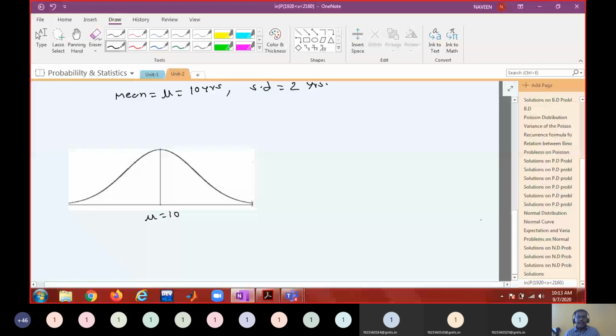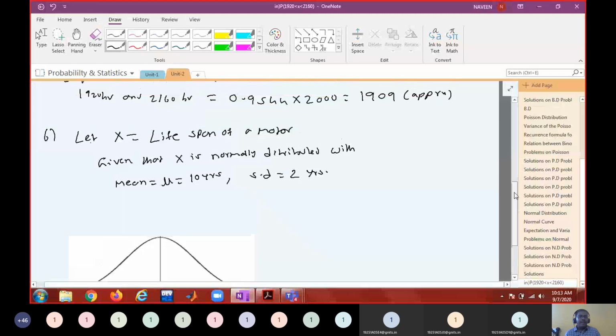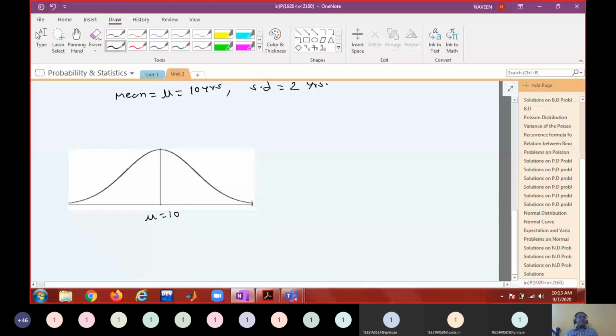So he has to give a certain warranty: if the motor fails to meet the warranty period, then he has to replace the product. Like that, he wants to replace only 3%. So what do we mean by 3%?